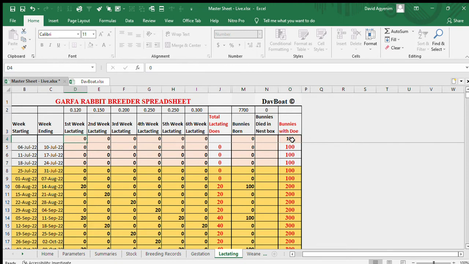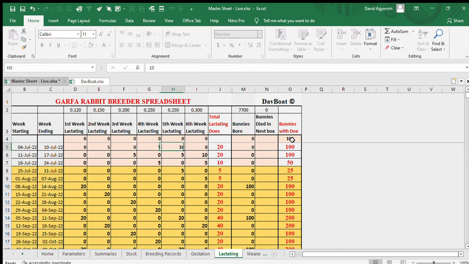Then you come to this line and say, out of this 100 with the doe, maybe you have lactating mothers here, maybe 5 here, 10 here, and another 5 here.